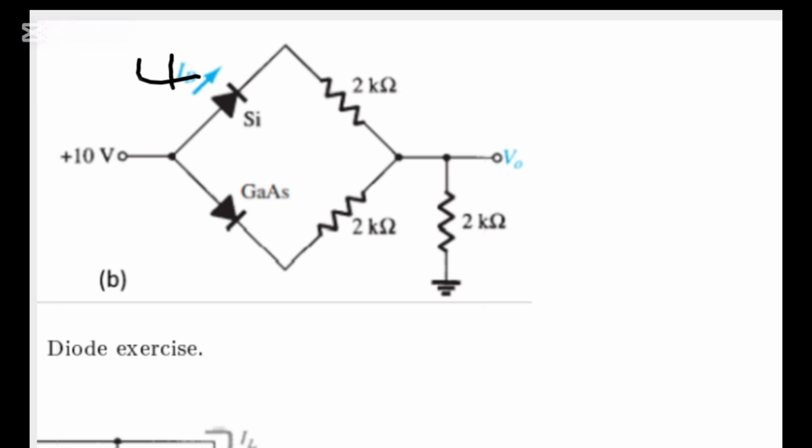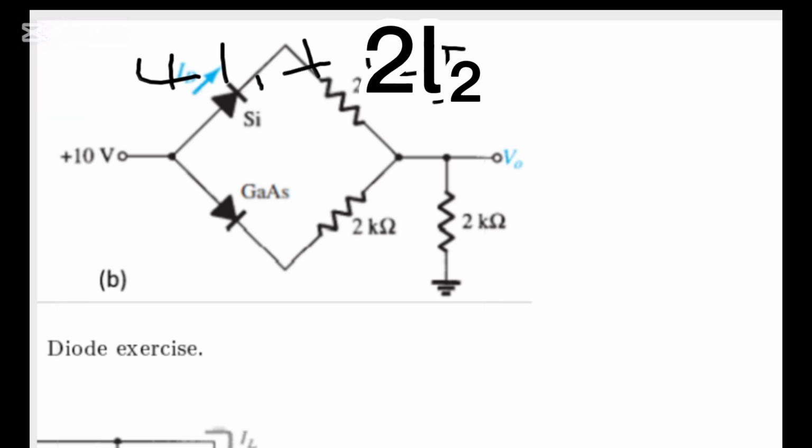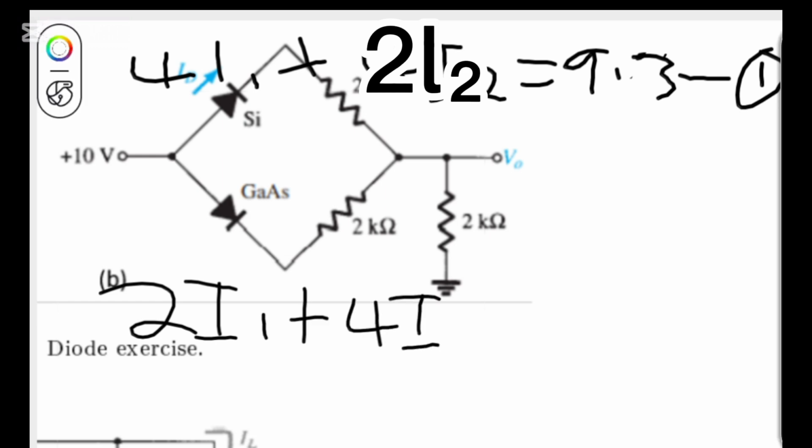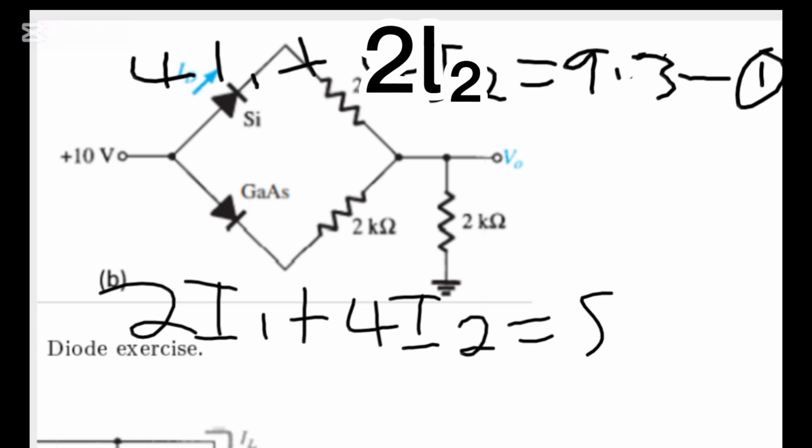Equation 1, if you will recall, 4I1 plus 4I2, which is equals to 9.3 as my equation 1. And equation 2 will now be 2I1 plus 4I2, which is equals to 8.8.